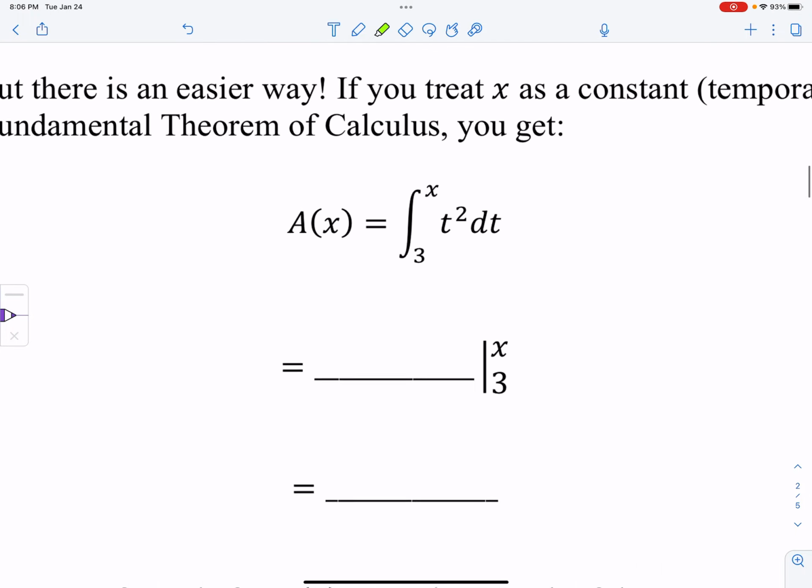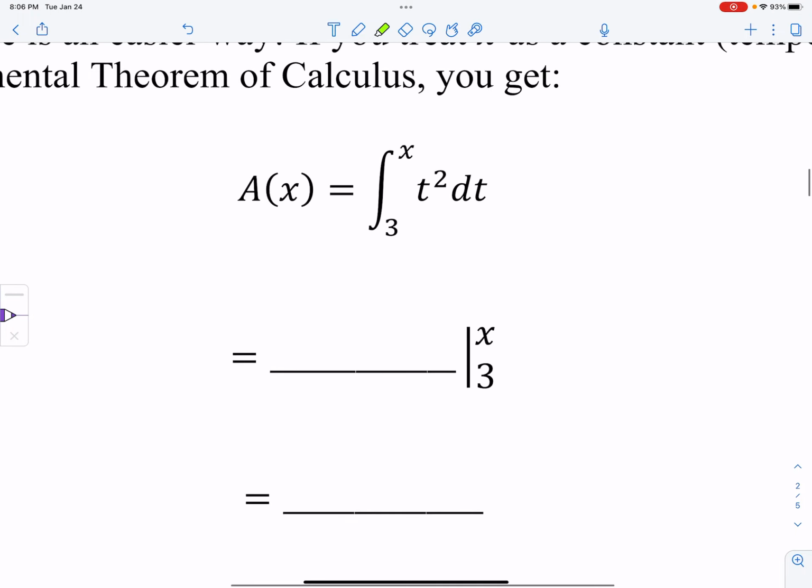So if we apply the fundamental theorem of calculus to our a of x function, when we integrate t squared, using the power rule for integration, that would be 1/3 t cubed, or you could write that as t cubed over 3.